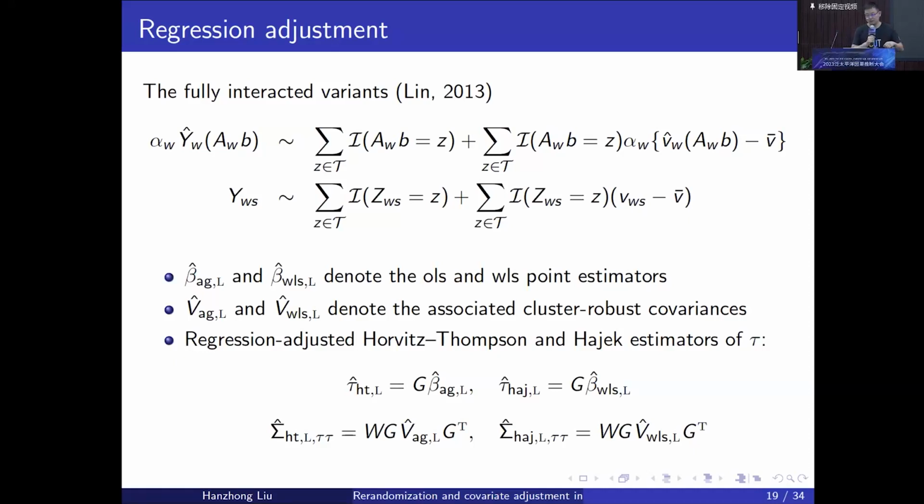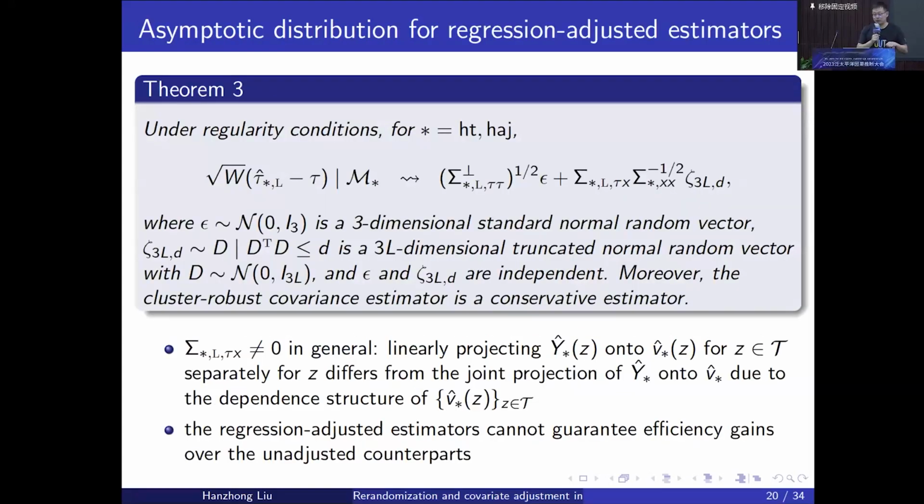And by plugging in these estimators, we can obtain the regression adjusted Horvitz-Thompson and Hajek estimators for the factorial effect tau and the associated covariance estimator. And we show that under re-randomization, both the regression adjusted estimators are asymptotically a convolution of a normal and a truncated normal distribution. Moreover, the covariance estimator is a conservative estimator.